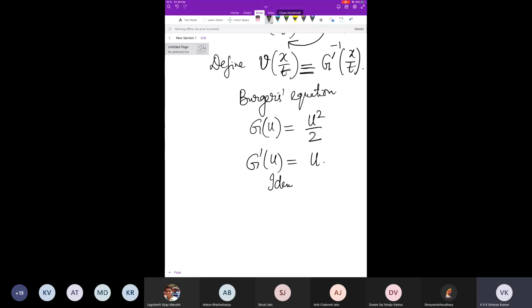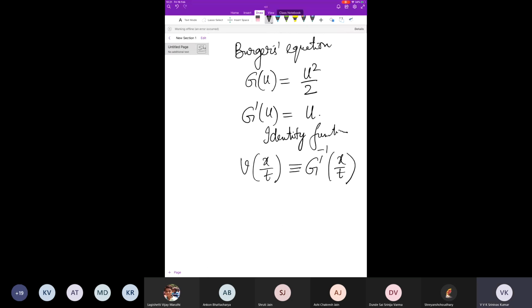So v of x, t is g prime inverse of x by t, which is just x upon t. Okay. So this is the way we can define it.